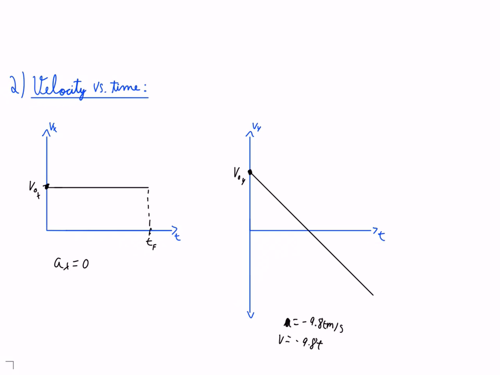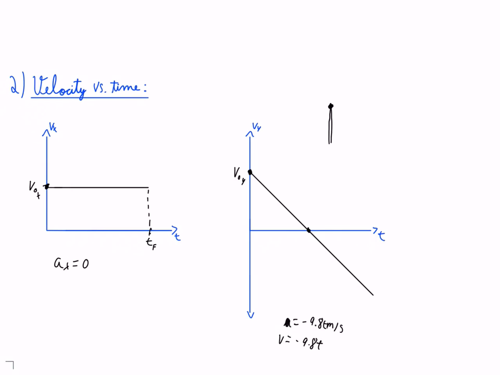Why? Because again, if we're looking at a projectile motion and only analyzing the y component, the object goes up and comes down. So the initial velocity will be v0. It will go up, and at its maximum height, the velocity will be right here, which is 0. This is the maximum height, this point.